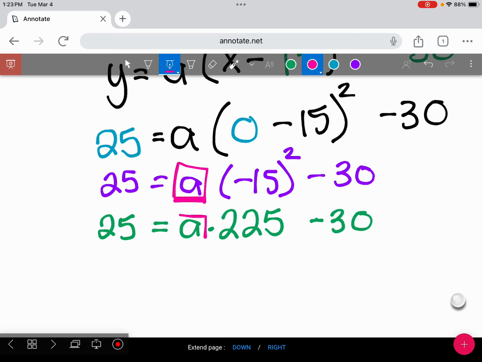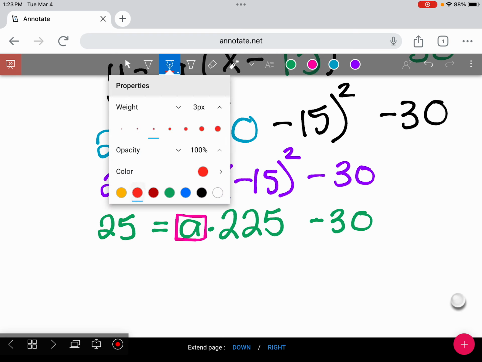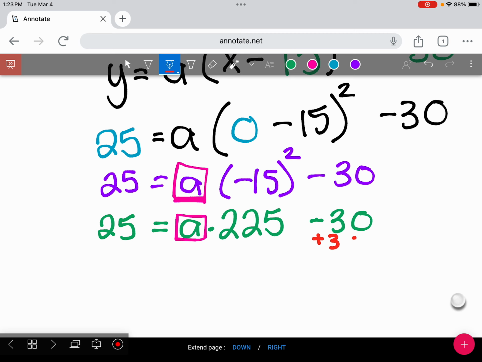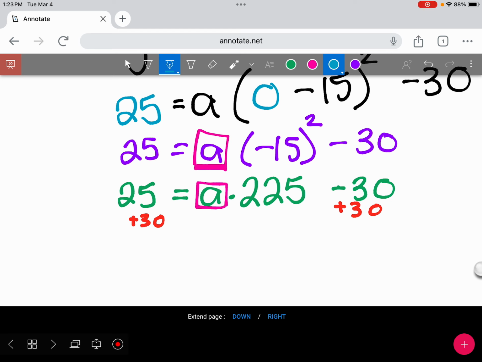Still looking to get my a by itself. Add the 30 to both sides. So plus 30, plus 30. That's going to give me 55 equals a times 225.